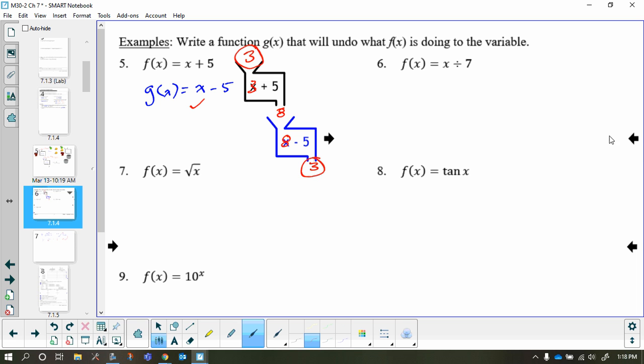Well, let's look at number 6. Question number 6, how do I undo dividing? Well, let's do the g of x function. I multiply. And I still use an x here. These two x values will be different because they take different inputs. So then let's do the check.